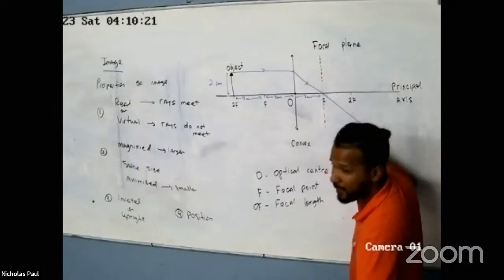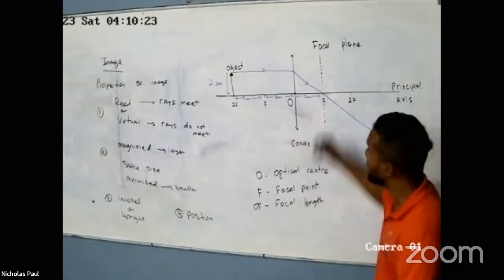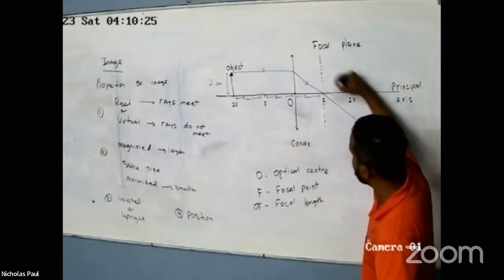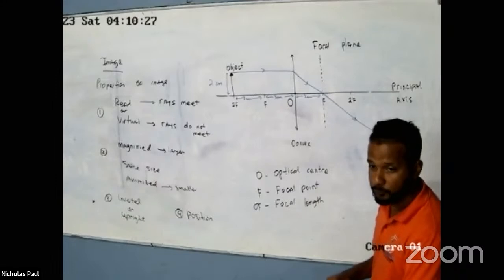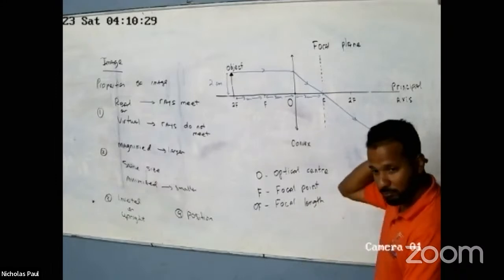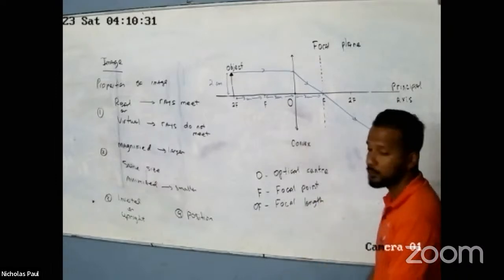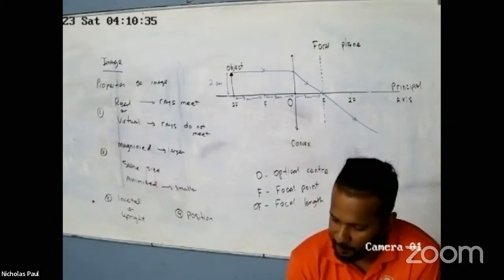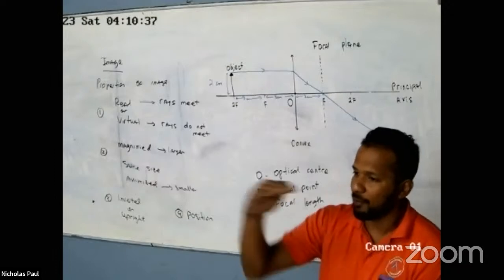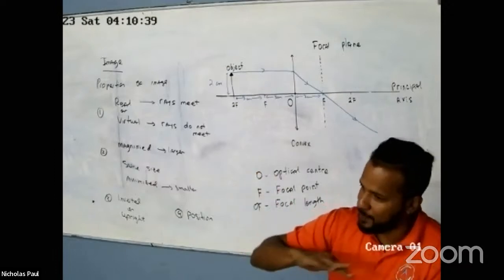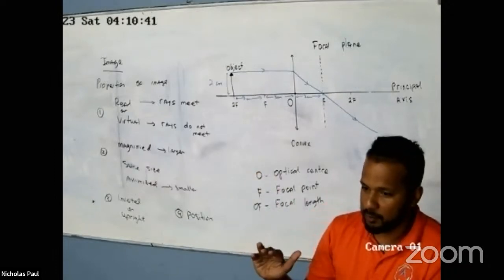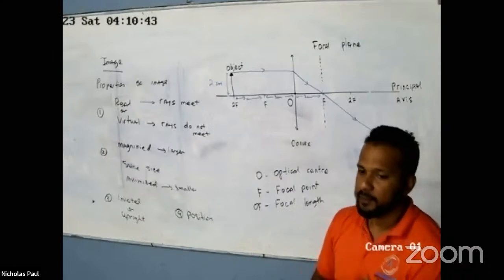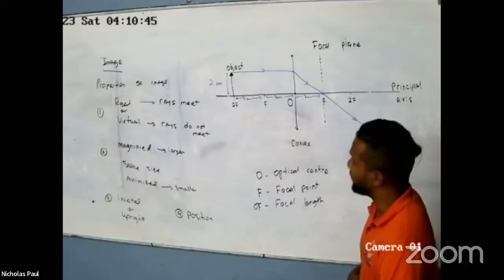Straight line. Try to be as exact as possible, right? Start here and go through here. Do the first one, and I'll do the next one. Parallel to the principal axis, so try to be as parallel as possible.